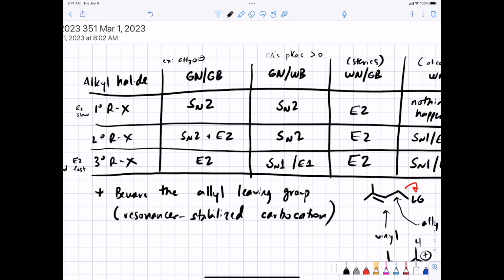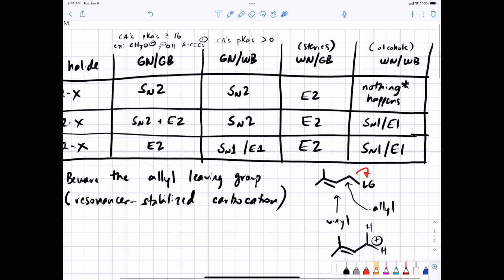Whereas good bases, we're going to say, have conjugate acids with pKa's greater than or equal to 16. So we're thinking hydroxide, alkoxides, perhaps deprotonated alkynes. There's a cutoff where you get reactive enough that removing protons is possible.